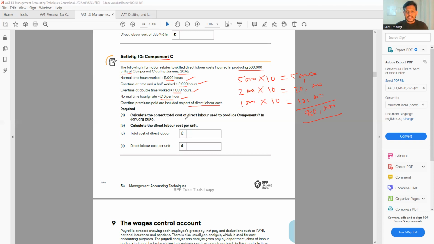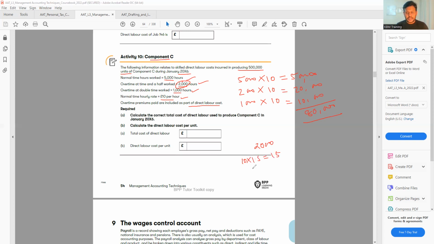Now the question said for the first 2,000 overtime hours, I get time and a half. So how much will be the premium for the 2,000 hours? Time and a half means 10 times 1.5, which gives me 15.